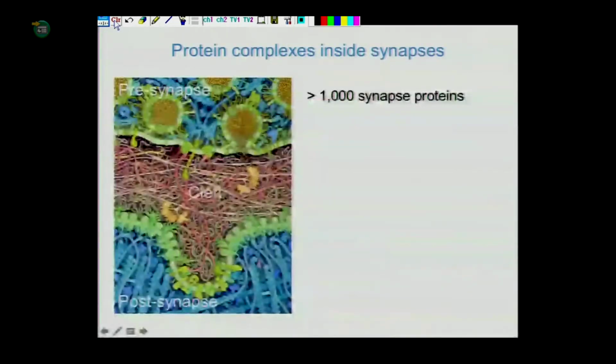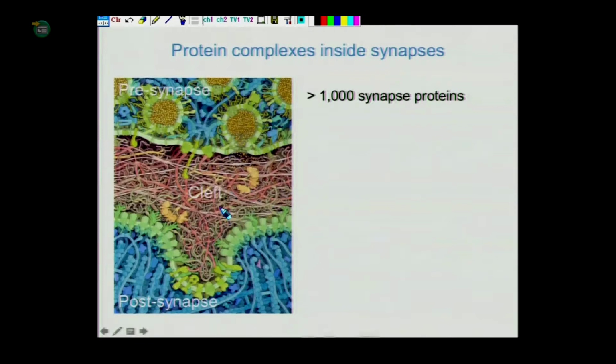Now we know a lot more about the protein complexes. So these proteins are not only made at the synapses, now they have to form all these structures, the complexes in the presynapse, in the postsynapse, but also in the cleft between the pre and the post.